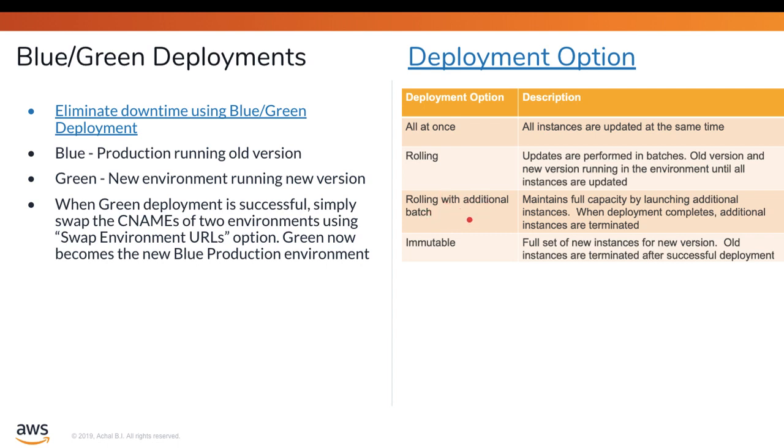This is something like, the existing system is not affected, but you add one instance first, or you add instances parallel to the existing instances, and you remove the instances one by one.